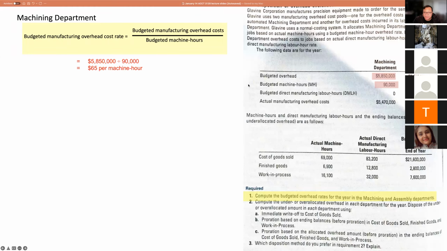Then I found the budgeted overhead, 5.85 million, and the budgeted machine hours, 90,000, right? Did you see where I got this information? Did you see I highlighted these numbers in the reddish color? Did you see that?